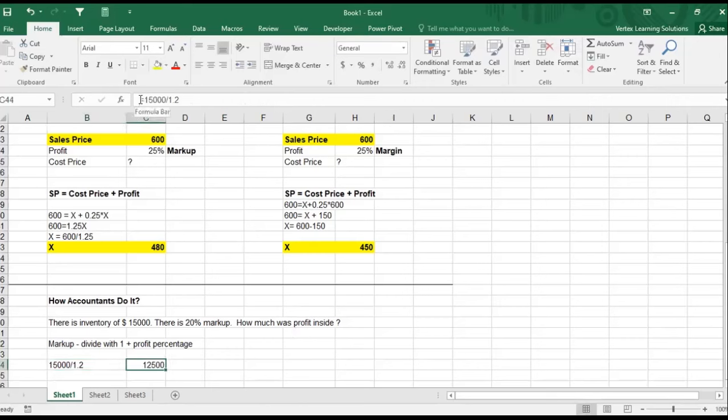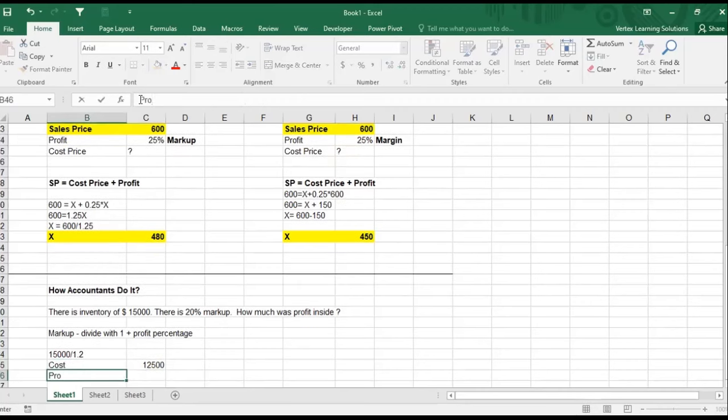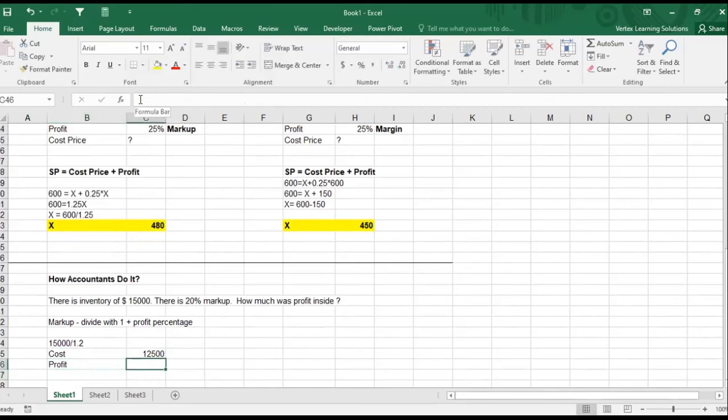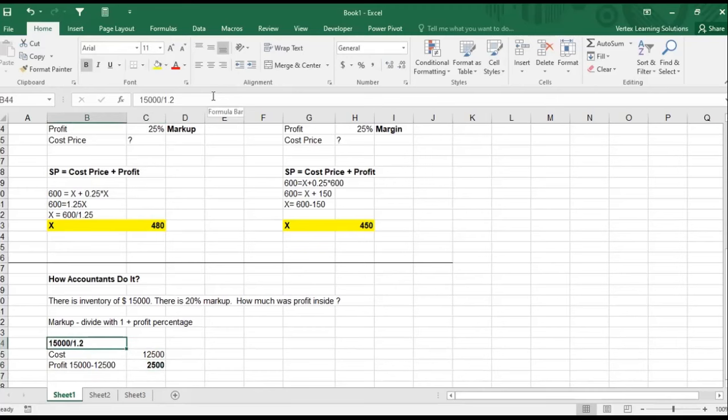So 12,500 will be the cost, and of course profit will be 15,000 minus 12,500. Profit is 2,500. So what you should remember is that you divide it with 1.2 in case of markup.